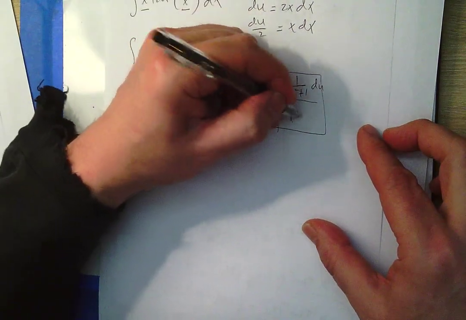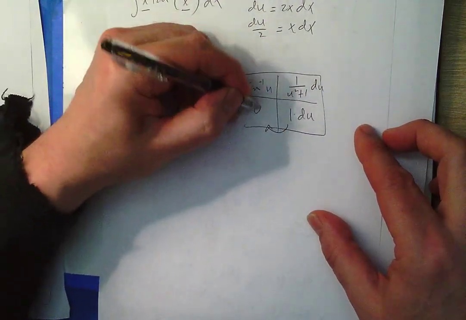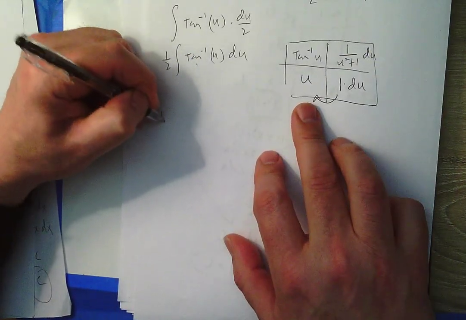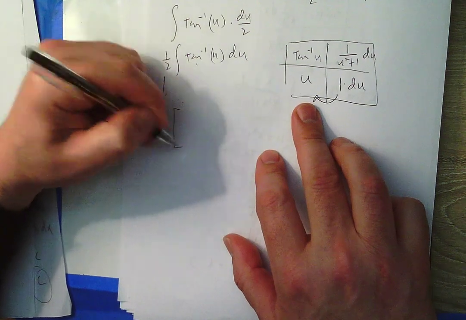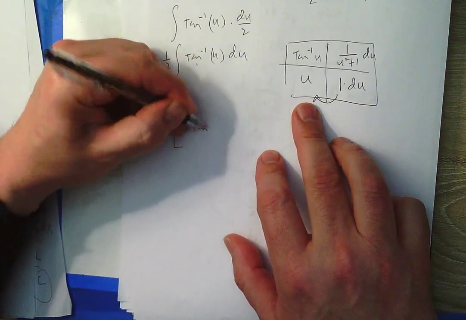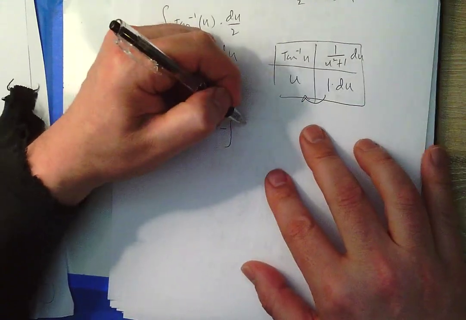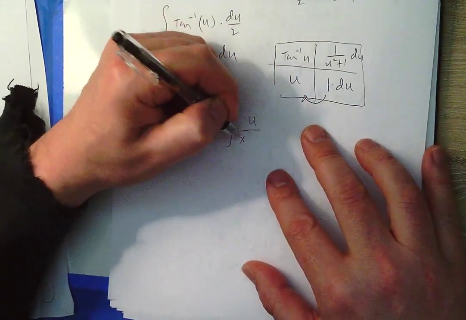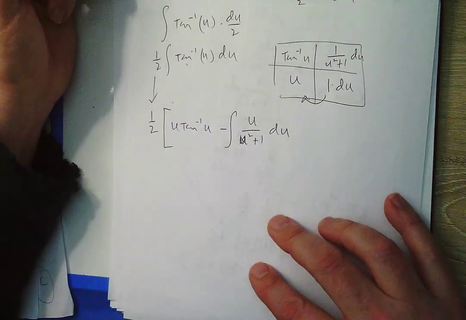There wasn't anything but 1 du left over here, and the antiderivative of that would be u. So I end up with 1/2, please don't forget that 1/2, u tan inverse u minus the integral u over u squared plus 1 du.